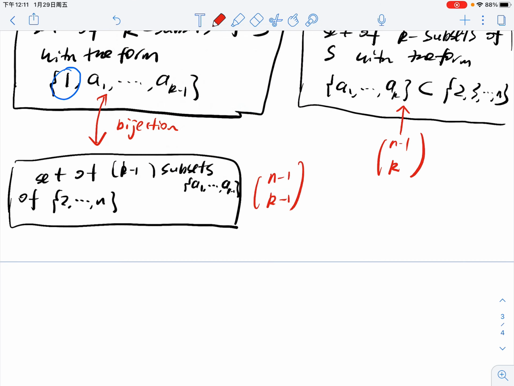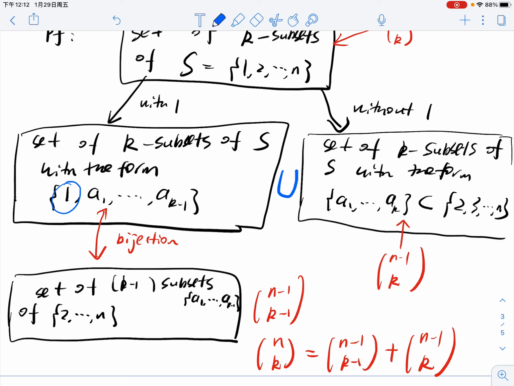And then you have the summation, because here the total set is a union of the subset on the left and the subset on the right.